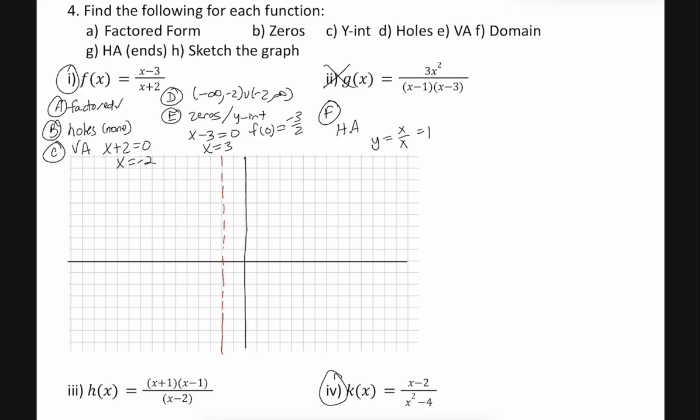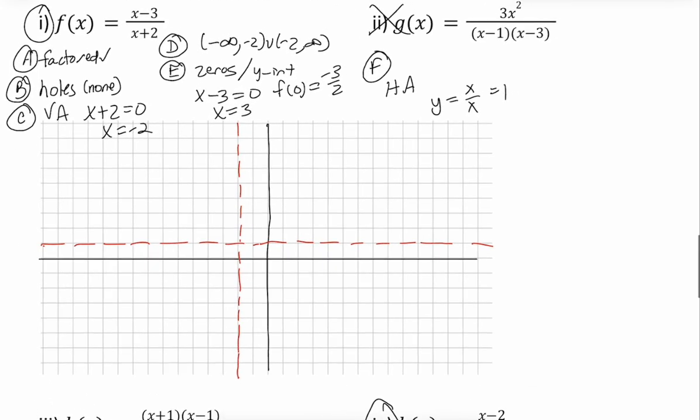There is a horizontal asymptote at 1. Now we need points on our graph paper. The only points we know so far is at 3, we're at a 0. And we hit our y-axis at negative 1.5.